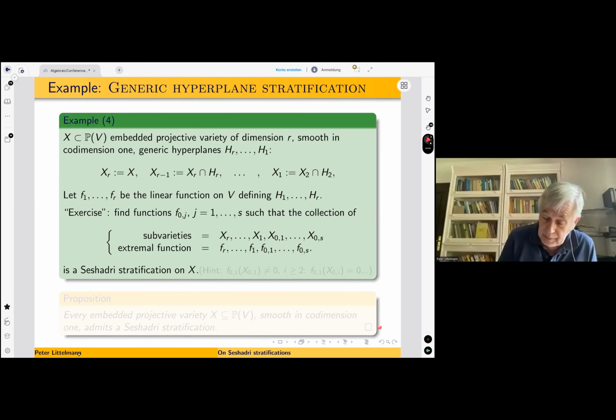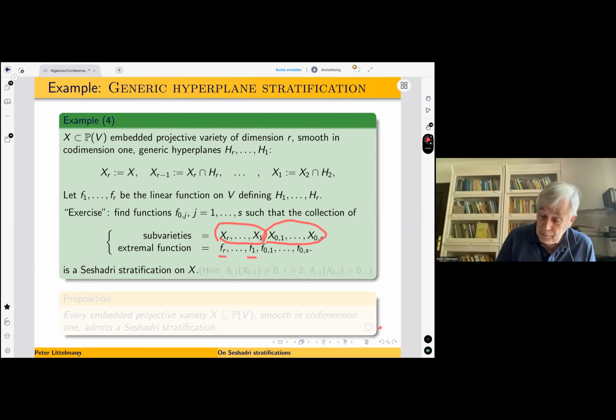So we have here the irreducible parts we get, and at the end we take just the union of these points. Now these hyperplanes are defined by linear functions, so as my extremal functions for this collection, I just take the defining equations for these generic hyperplanes.